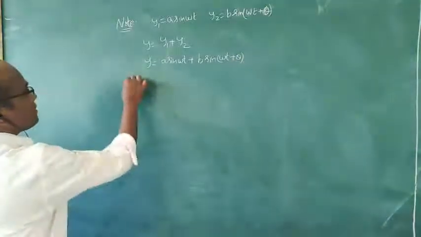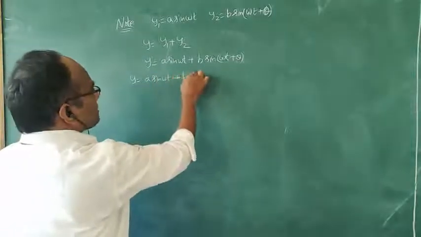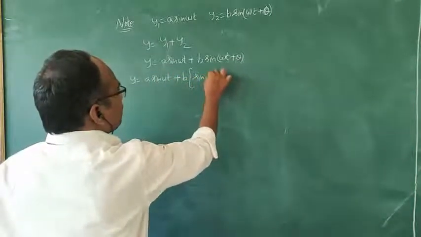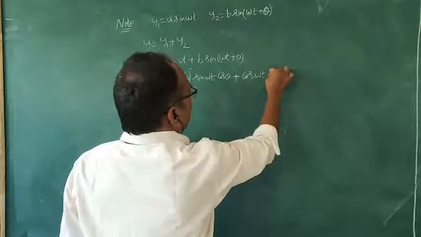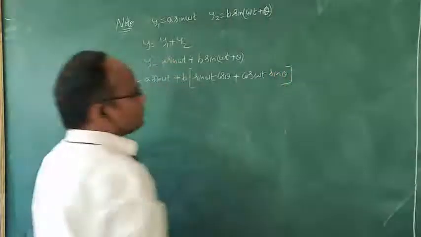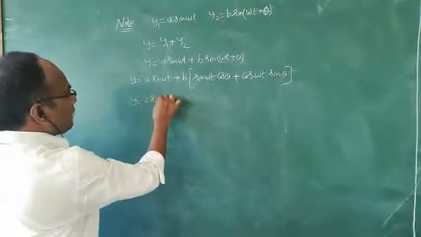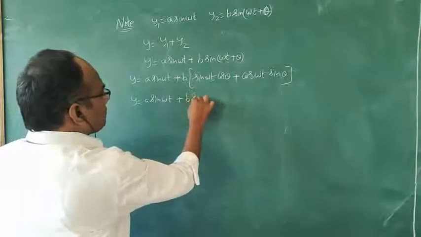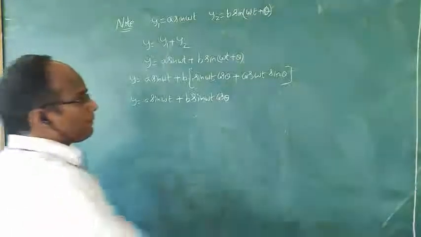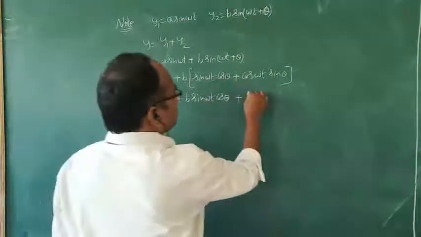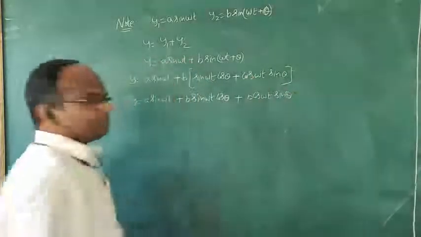So from here, what is the meaning of this one? y is equal to a sin omega t plus b into sin omega t cos theta plus cos omega t sin theta. So y is equal to a sin omega t plus b sin omega t cos theta plus b into cos omega t sin theta.